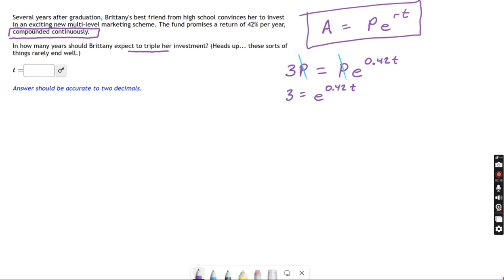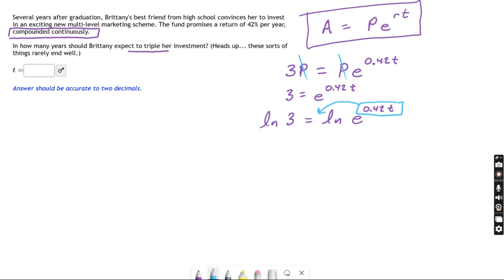So let's take the natural log of both sides. ln of 3 then equals the ln of e to the 0.42t. And I almost always use ln on both sides. It's just awfully convenient, and sometimes it cancels out very nicely. Sometimes it doesn't, but sometimes it does. And in this case, we're going to see that happen in just a moment.